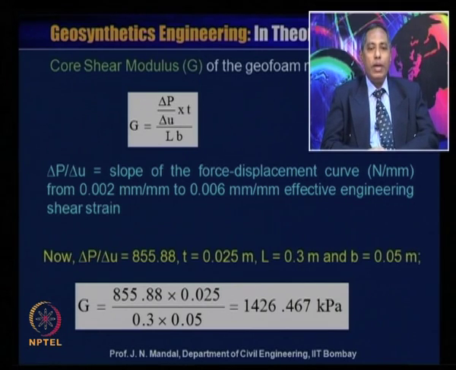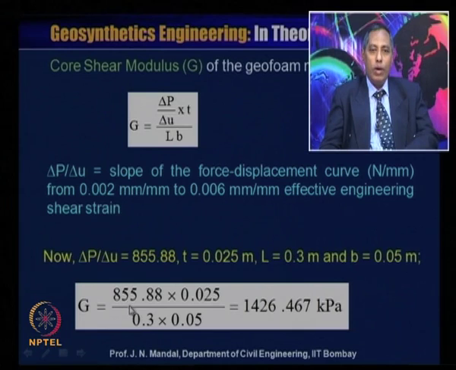Now, delta P by delta U you can obtain as 855.88, and T is equal to 0.025 meter, L is 0.3 meter, and B is 0.05 meter. You know the size of the sample, length, width, and thickness.